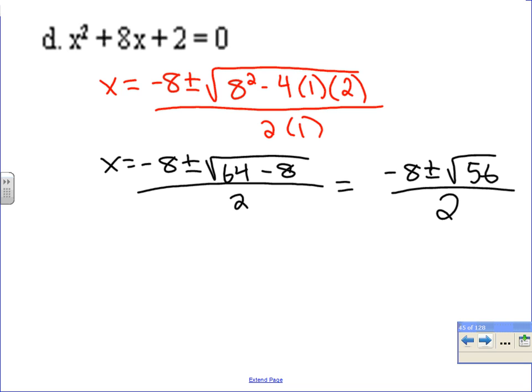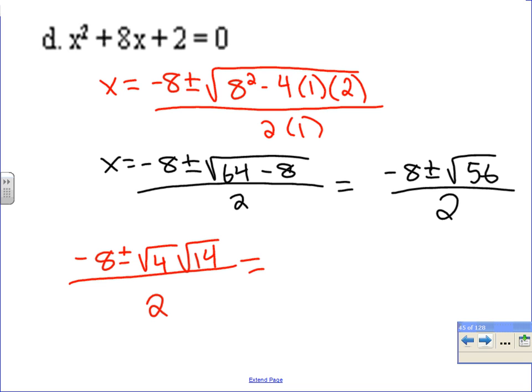Okay, someone besides Kyle and Eric who can tell us, sorry Eric, what can we change 56 to? So something times something is 56, but one of them is a perfect square. Okay. Anna, what do you think? Good job. 4 and 14. So -8 plus or minus square root of 4, square root of 14, all over 2.